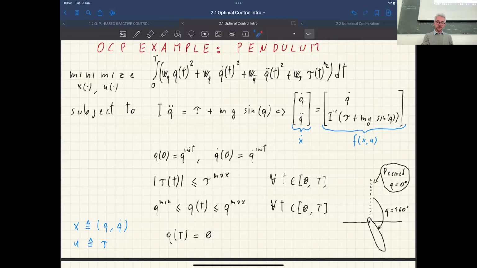And then we have the terminal cost. The terminal cost must be a function only of the terminal state. So I think that here the only thing that makes sense is something like that.